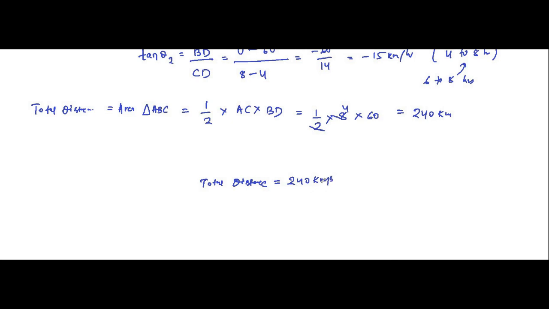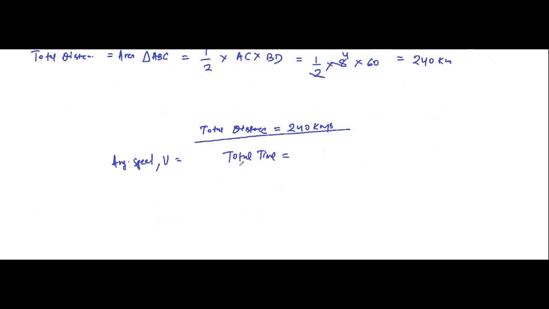Then we have to determine the average speed. Now we know that average speed or velocity in one-dimensional motion is equal to total distance by total time. Total time is equal to how much? 8 hours. 240 by 8 is equal to 30 kilometer per hour.